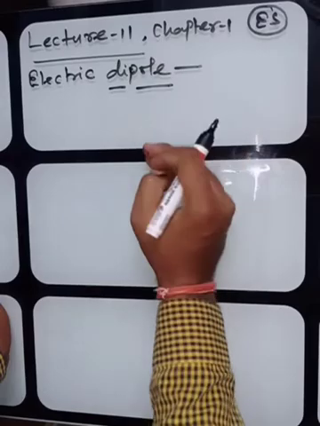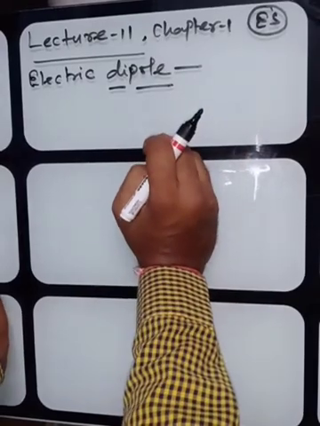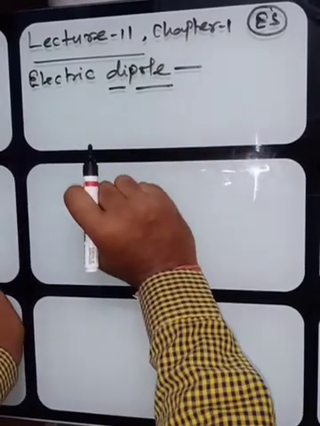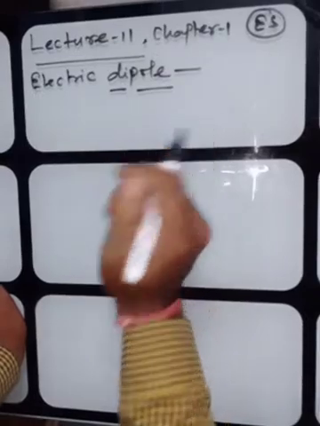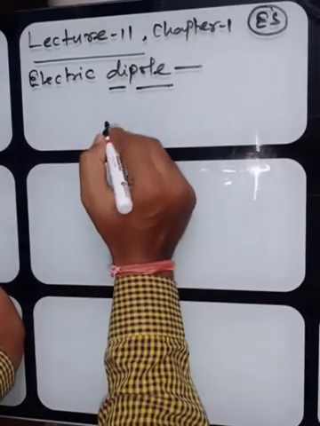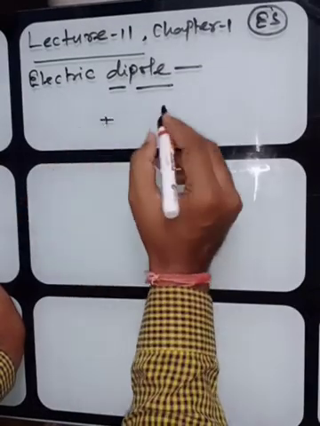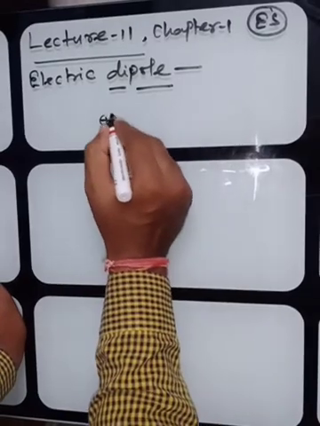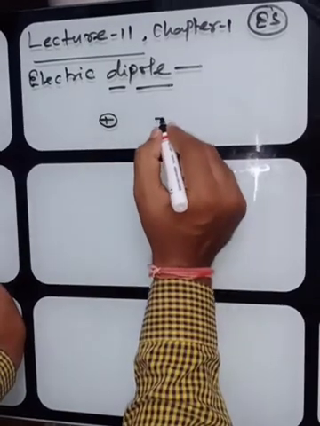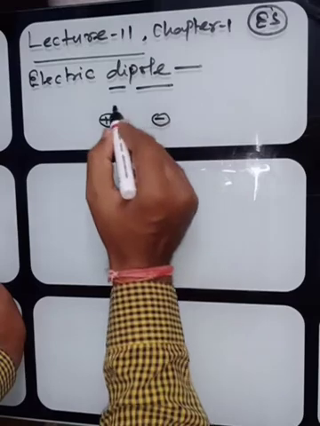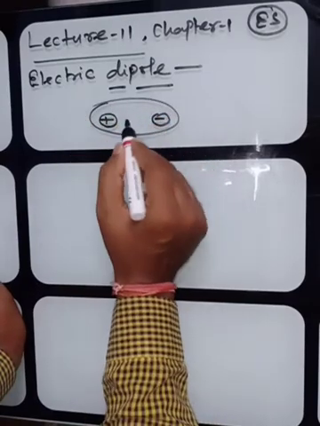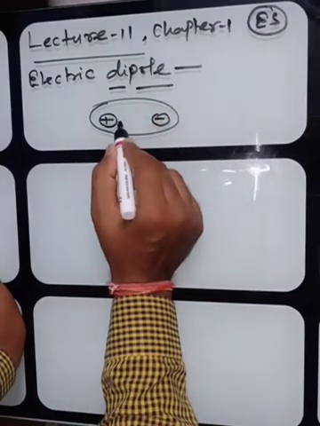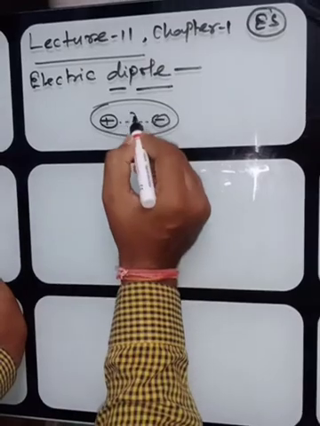Now, let's try to understand how this electric dipole forms. What is this electric dipole actually? It is a system of two charges. Suppose here is the plus and here is the minus charge, and this system has a very small vector distance r.